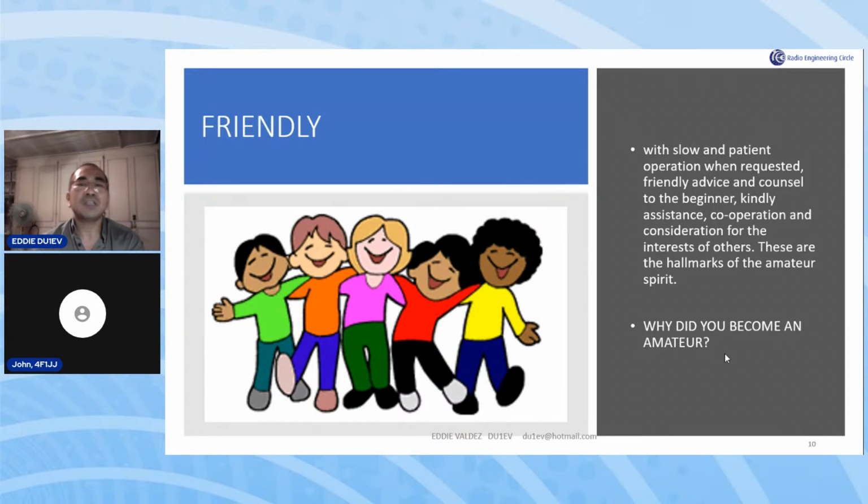Alright? The rule in Morse code is it is the slower sender's speed which will be followed. Alright? So if you are sending at 12 words per minute and there is a station who calls you at 5 words per minute, then you would have to adjust to 5 words per minute.